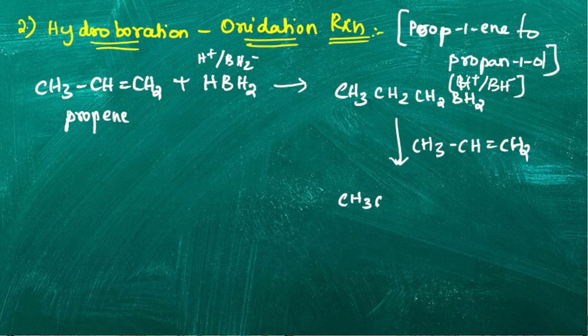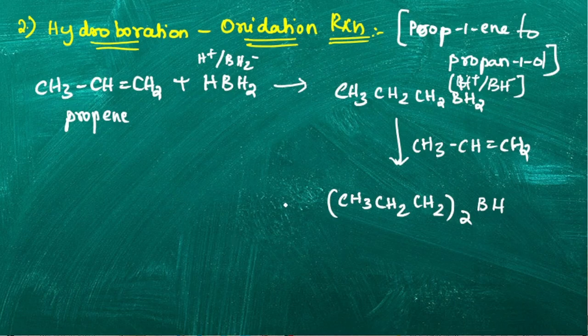So CH3, CH2, CH2 will be common, CH2 twice, and BH you will get, because BH2 is divided into H plus and BH minus. So finally you will get BH.